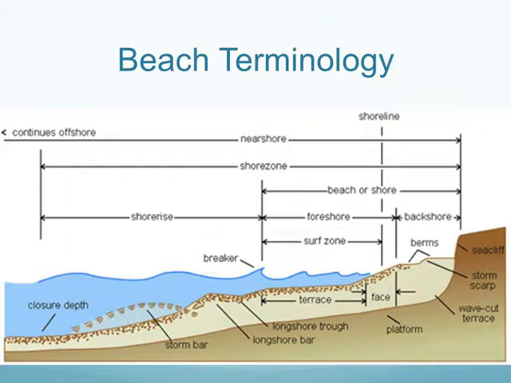You can have a longshore trough and a longshore bar, and a storm bar. So a storm bar will be when the storm pushes sand out into the ocean, and that's where it will temporarily sit until the storm is over and the waves can push it back onto shore. So yeah, that's pretty much the main ones that I want you guys to know about.